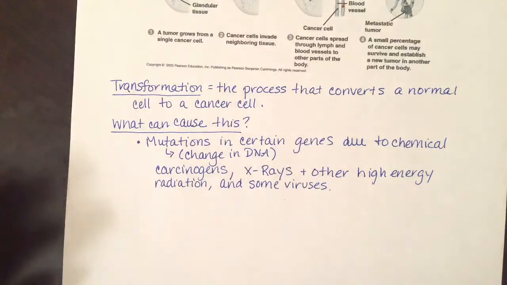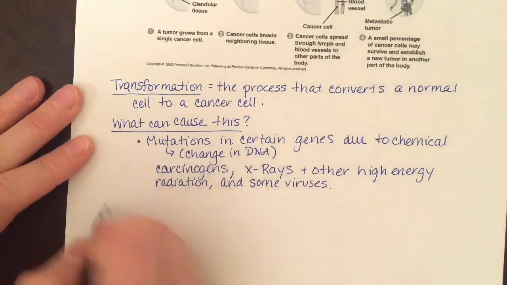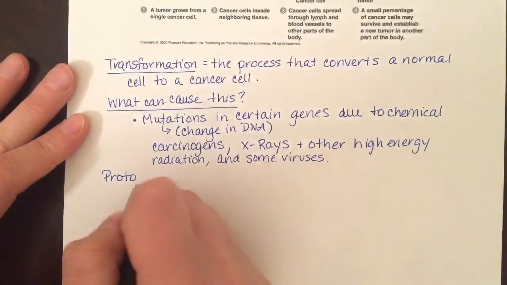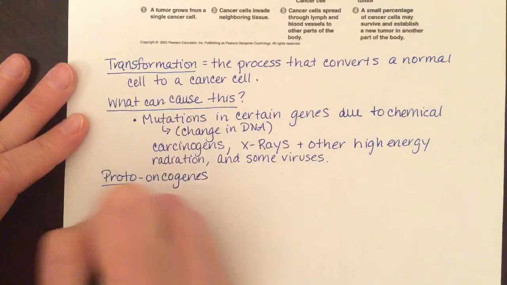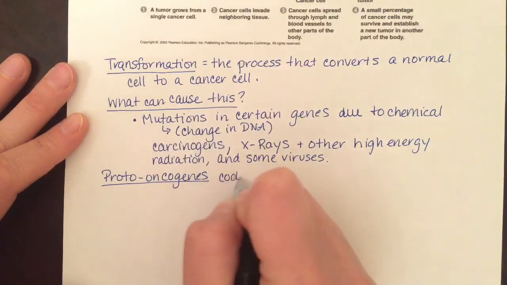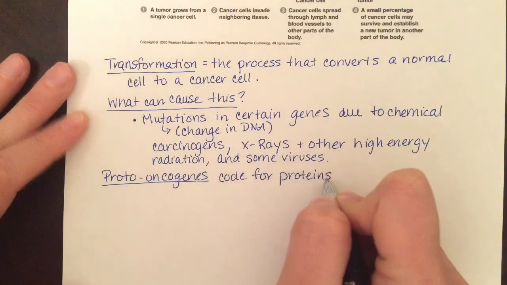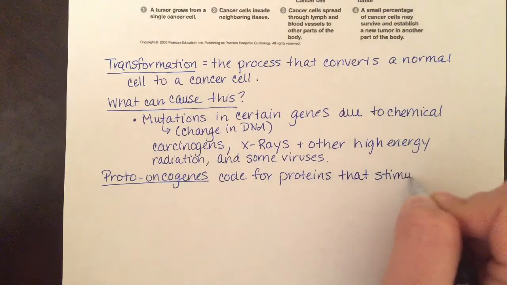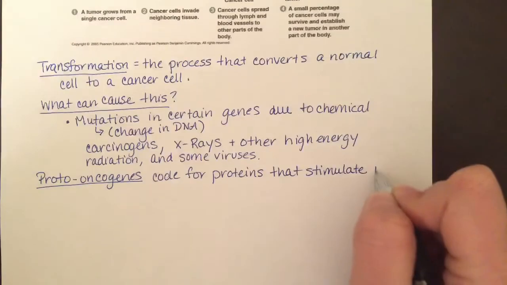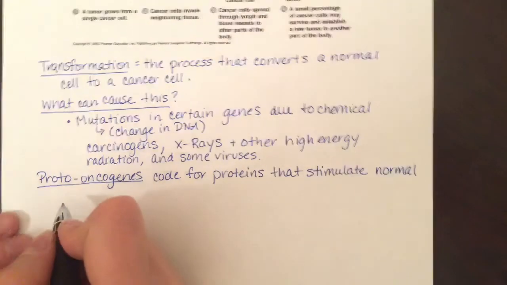All right, and I want to talk about two different types of genes, and then we'll be done here. So there's a type of gene called a proto-oncogene. These guys code for proteins that stimulate normal cell growth and division.